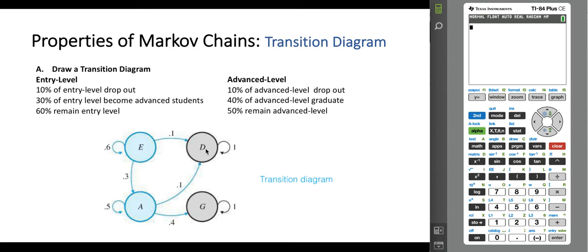Same thing with the dropouts. Once you drop out, you stay a dropout. So those that drop out are staying and going back into being dropped out. And then we have the advanced level. From the advanced level, 10% are dropping out, 50% are staying advanced, 40% are graduating. And once you've graduated, you stay graduated. So that's what the transition diagram looks like.